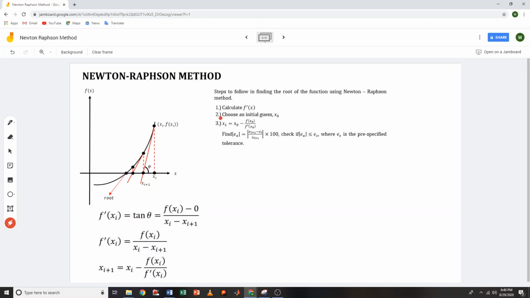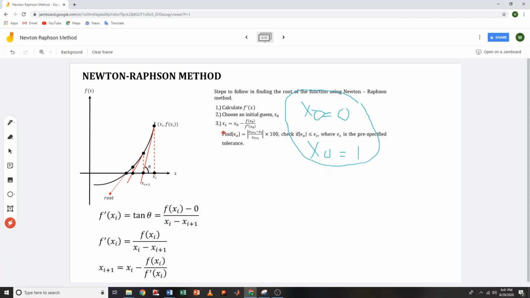Anything, for example, x of 0 equal to 0 or x of 0 equal to 1. Your guess is correct if it converges; if it diverges, your initial guess is wrong.